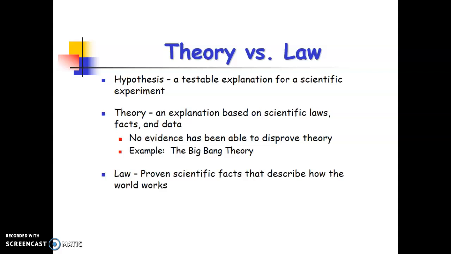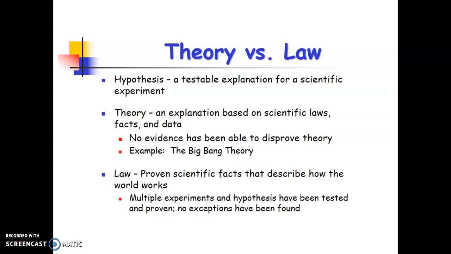A law, on the other hand, is a proven scientific fact that describes how the world works. So basically a phenomenon that happens in our world. We can use multiple experiments and test multiple hypotheses to show and prove and demonstrate a law. Again, no exceptions have been found. So a law is something that we can demonstrate, the law of gravity.